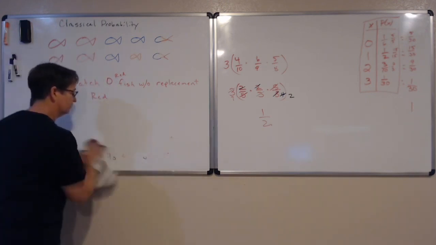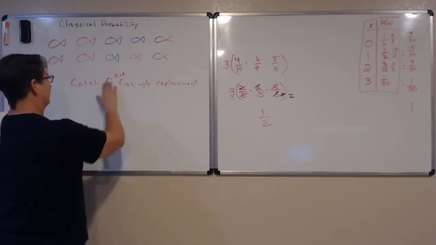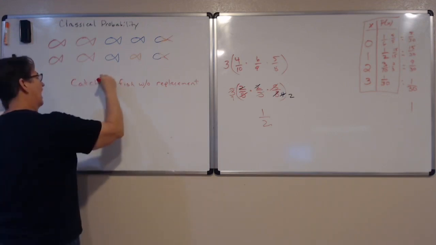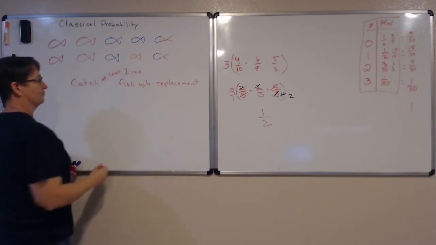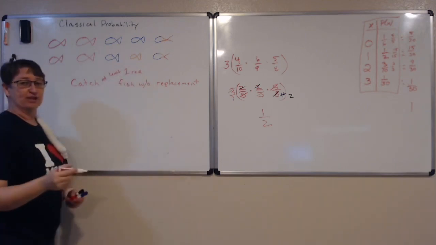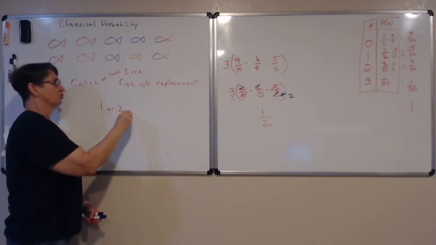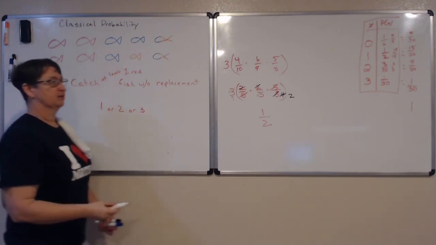So let's look at these fish just a little bit longer to do the at least and the at most. So I want to catch at least 1 red fish. And we talked about yesterday that at least means 1 or 2 or 3. I have to have all of it.